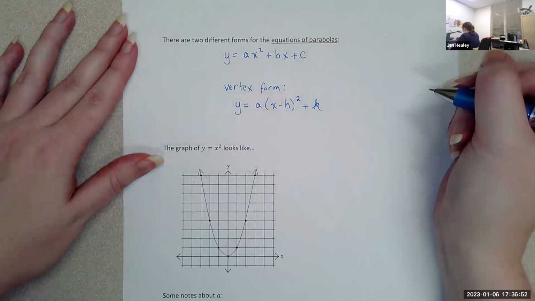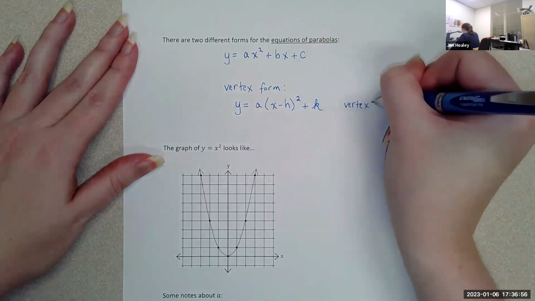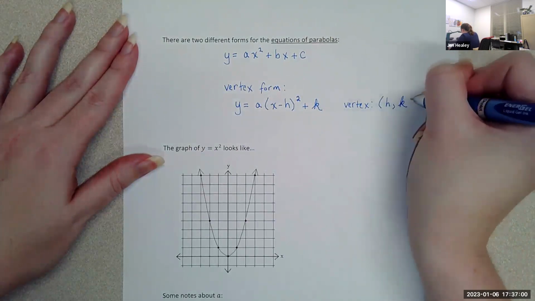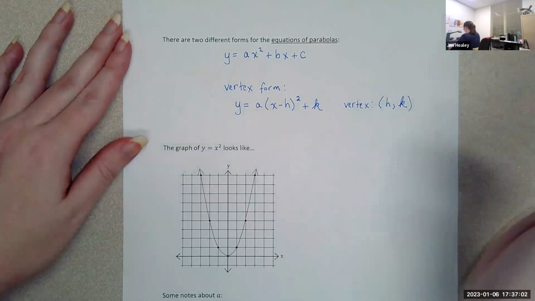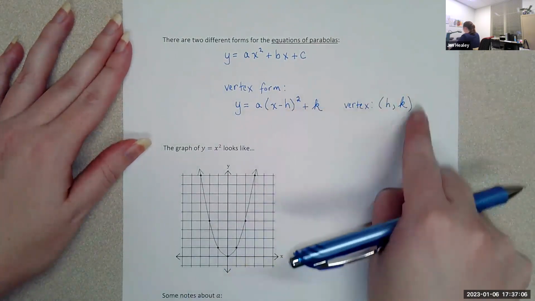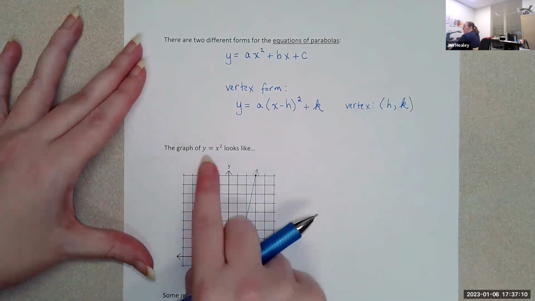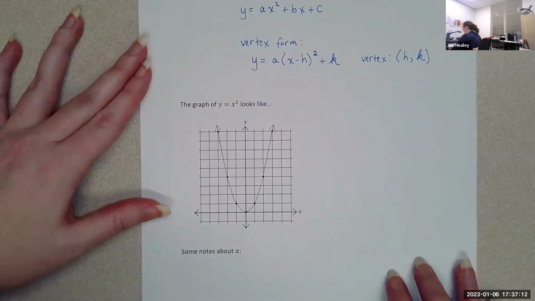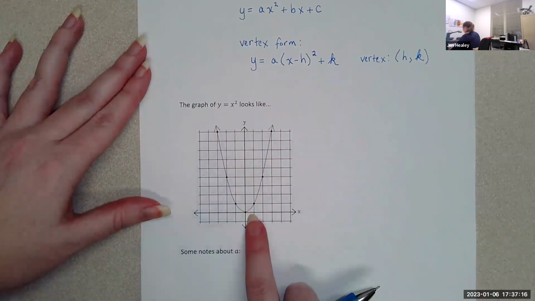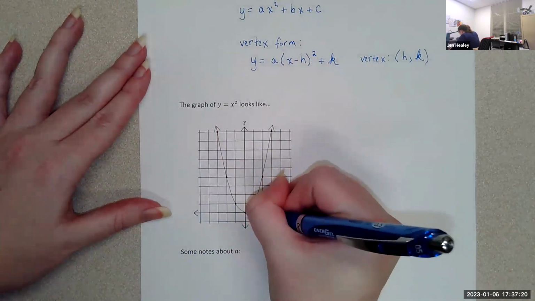When your parabola is written in this form, the vertex of the parabola is at the point h comma k. So there's the h value and the k value that make up the vertex. The graph of the most standard parabola, y is equal to x squared, looks like this, and it has its vertex at 0, 0.